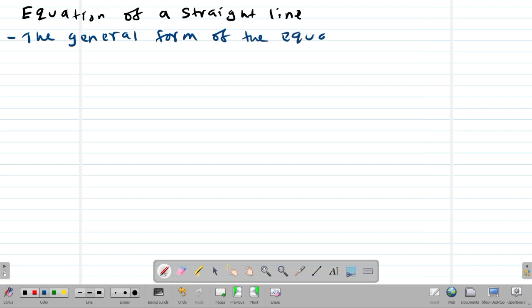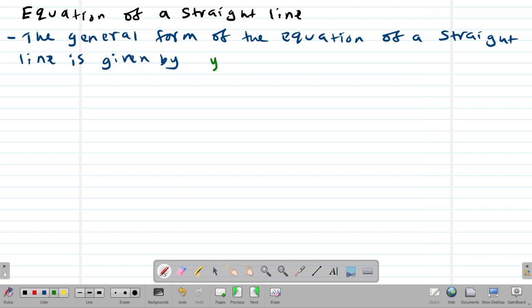The general form of the equation of a given straight line is given by this particular equation. The general form is usually y = mx + c. Of course, we are going to define what we mean by each term.